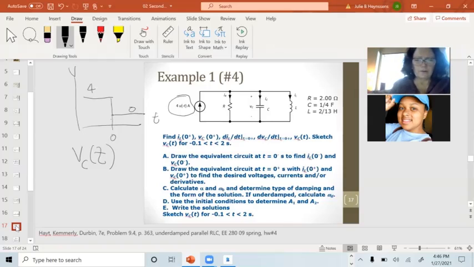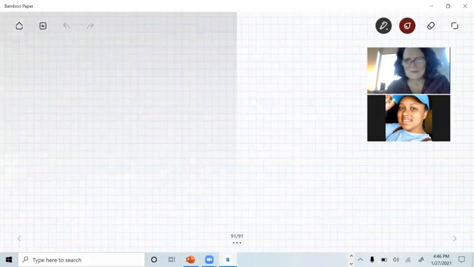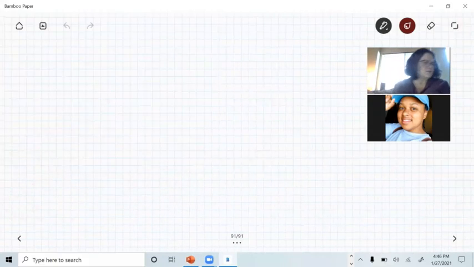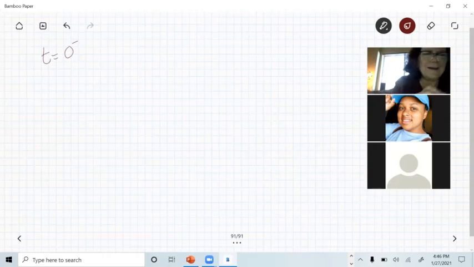We're going to go through and do it. Do you want to do it in order according to my procedure or not? Okay, so I've got the circuit at t equals 0 minus. Wait, so Professor, we are doing it according to your general procedure?